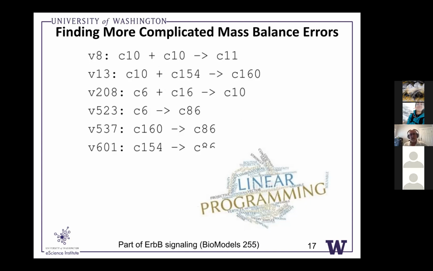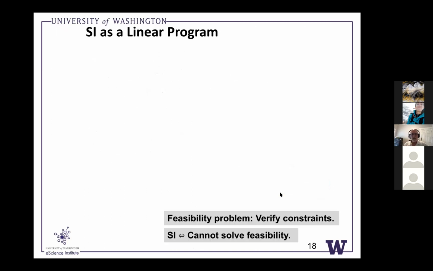So that part would be simple, but I'm trying to give you a sort of a peek inside about what goes on. So what I'm going to do on the next slide is give you a one-page summary of linear programming. It'll be relatively quick, nothing very fancy, nothing very mathematical. Show you how this gets interpreted in a way to do this stoichiometric inconsistency checking. And then we'll go through some examples.